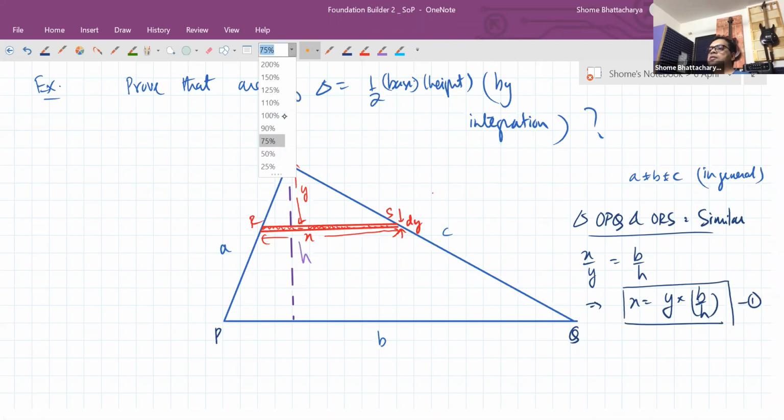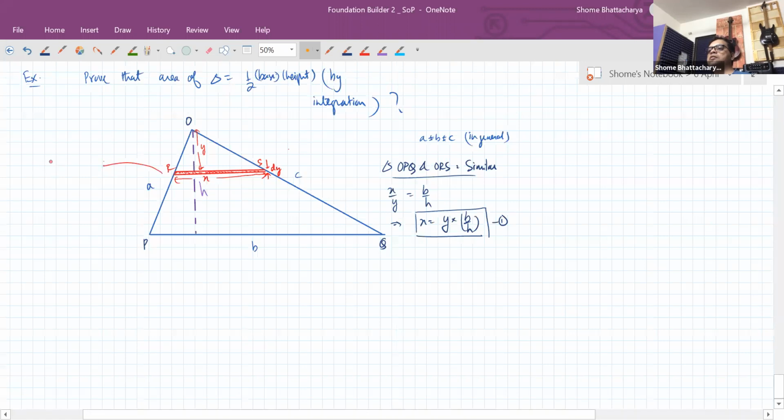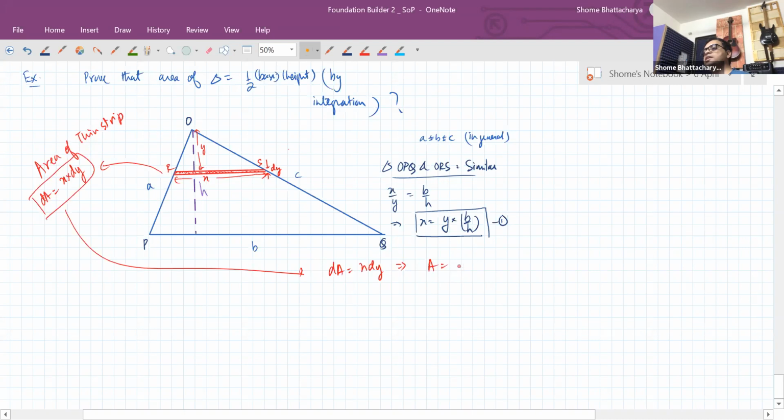And as we saw earlier, the area of this strip is length into thickness, so this time I've taken the full length as x only. So the total area should be the integrated area of all the strips. So it should be x dy integrated from y equal to 0 to y equal to h. This is my second equation.